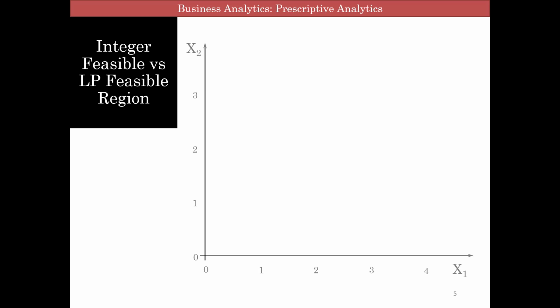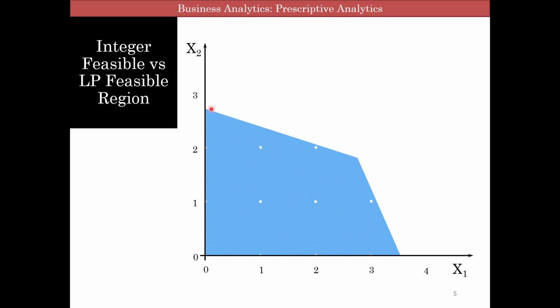So let's take an example of a 2x2 problem. Here is the LP feasible region, which is the blue region. And we all know that if we draw the line and keep moving it up, the maximum value could be somewhere here. However, for the integer values, you've got to look at these. It could be (1,1), (1,2), can't be 3.